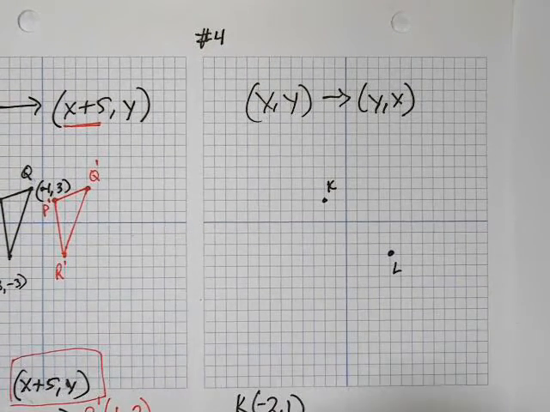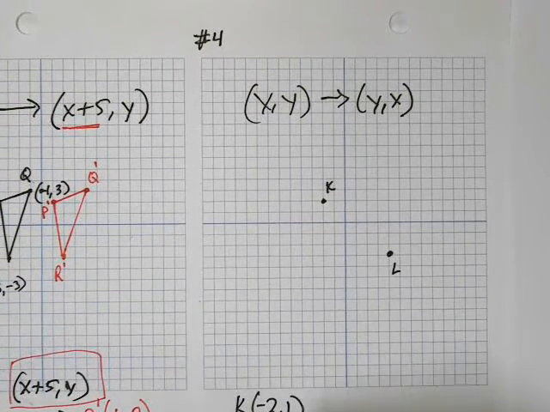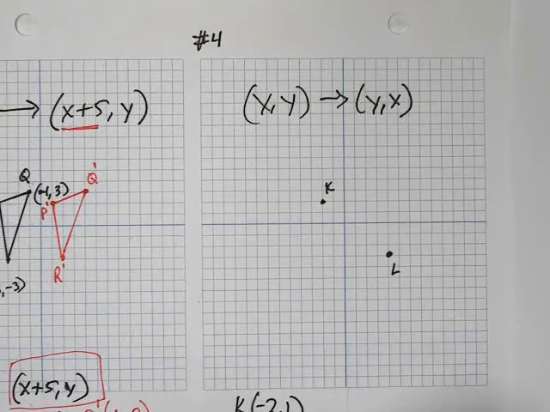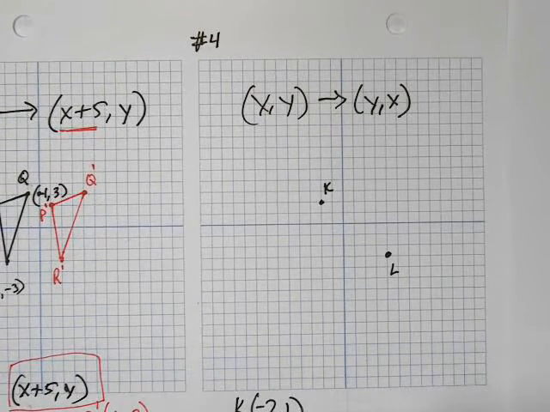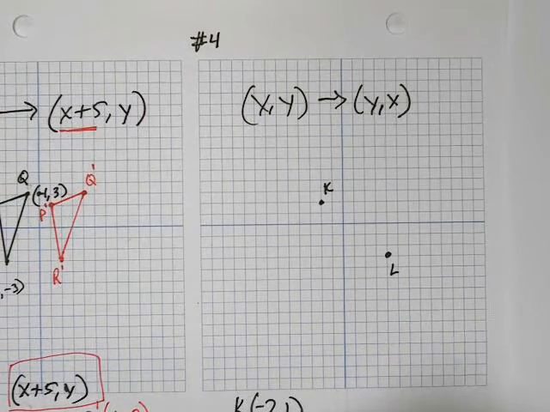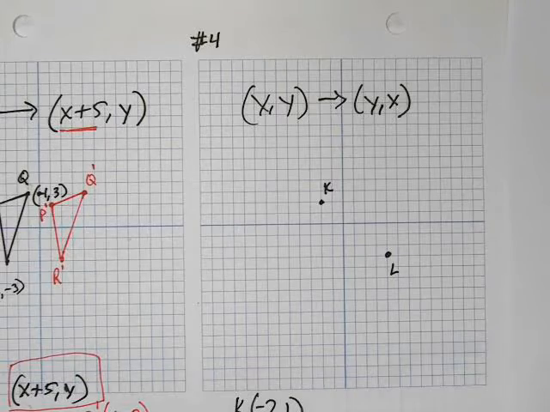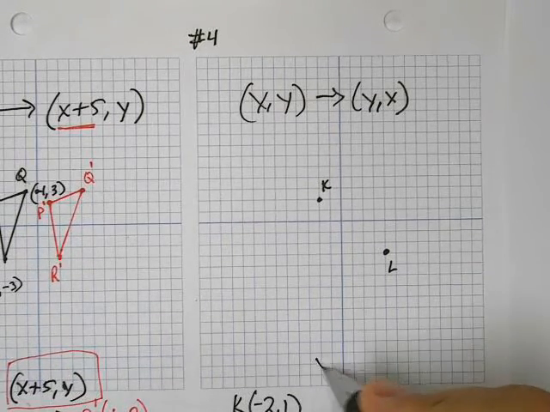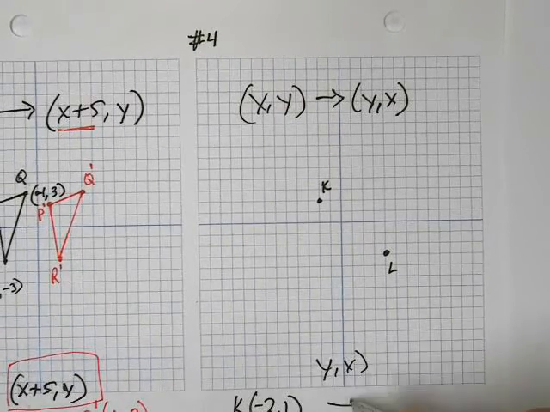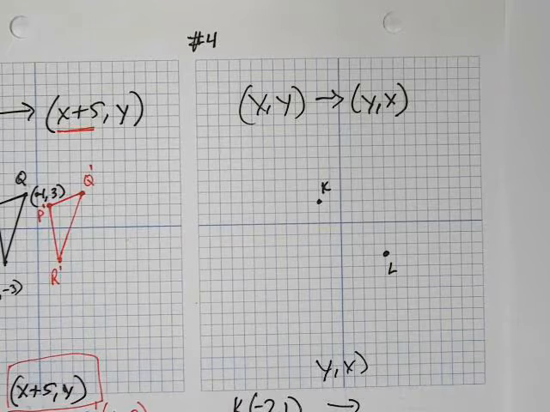And then M is 2, 1, 2, 3, 4, -2. Okay, so let's apply the rule. We're just switching the place of the y and the x. I'm going to use a different color. Oh, wait a minute.